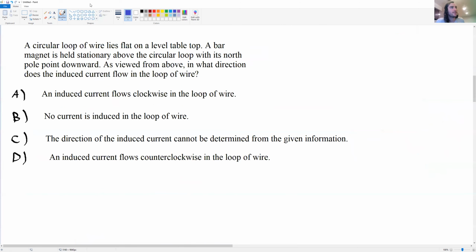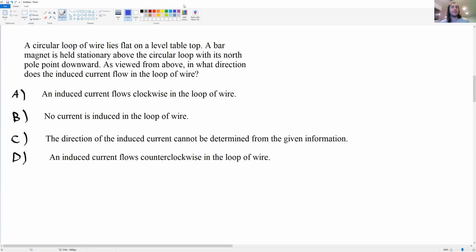Okay, so again, take a picture of the question so you can save yourself some time on the writing, and we'll have more time overall with each other here in the review session. There is a chat here. Okay, we have a circular loop of wire that lies flat on a level tabletop, similar to the last question.